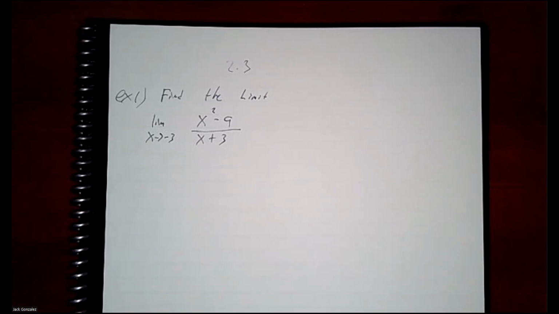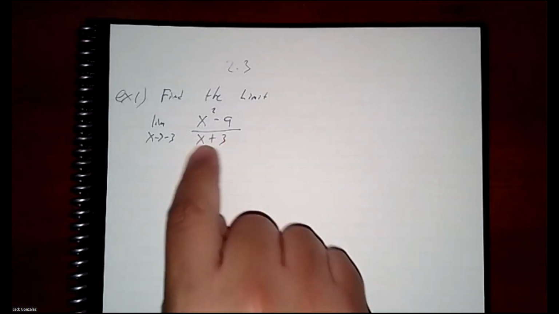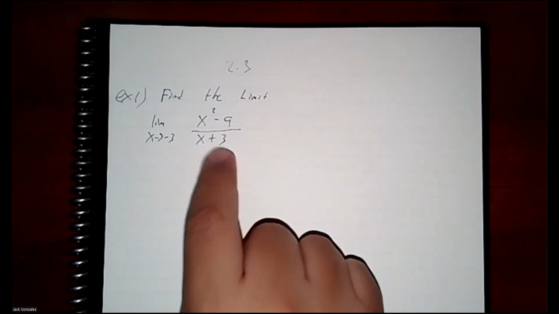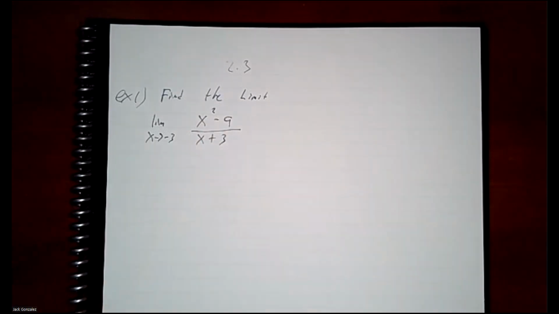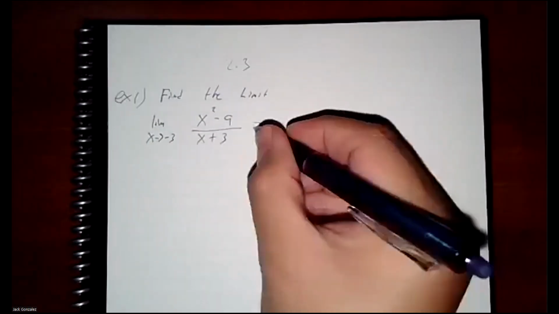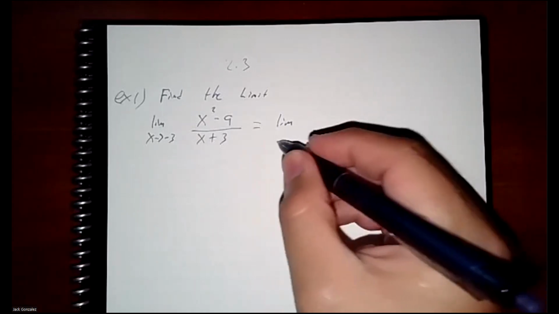Yeah, the -3 and 3 would cancel, right? You get a 0 down here. We can't have a 0 in the denominator. So you see how I can't just plug it in and move on, right? But what you can do is use algebra and see if you can cancel factors.